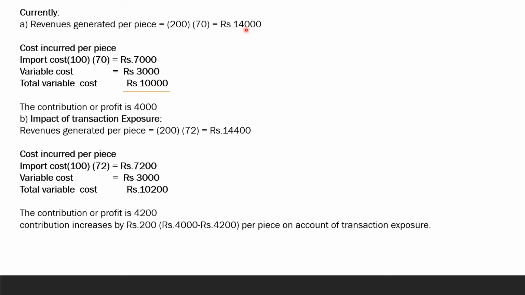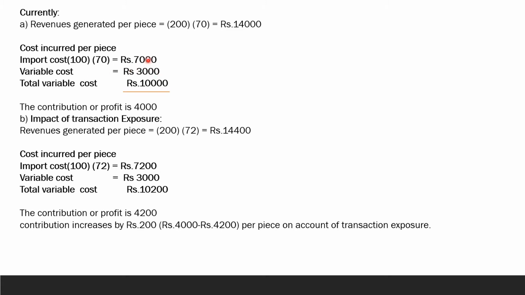Here is the solution. Exporter is generating a revenue of 14,000 on one piece on the exchange rate of $1 is equivalent to 70 rupees. And the cost incurred by an exporter per piece in Indian rupees is 7,000 as import cost, and variable cost is 3,000.